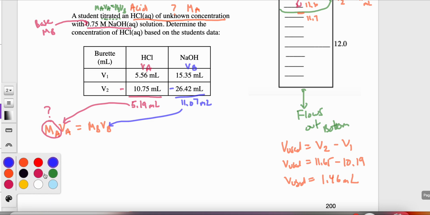So let's first get our correct numerical setup done. Make sure you're showing your correct numerical setup. For MA, that is our unknown. That's what we're solving for.